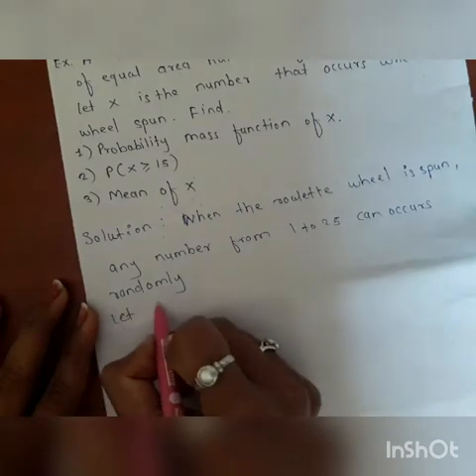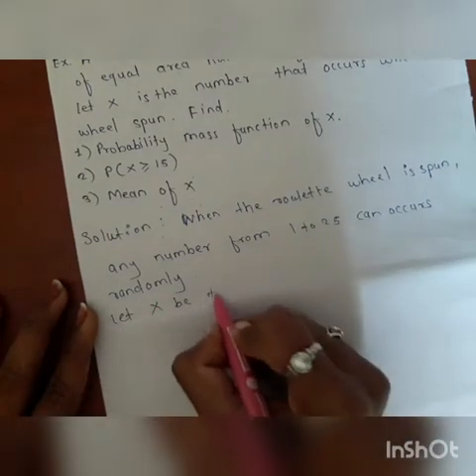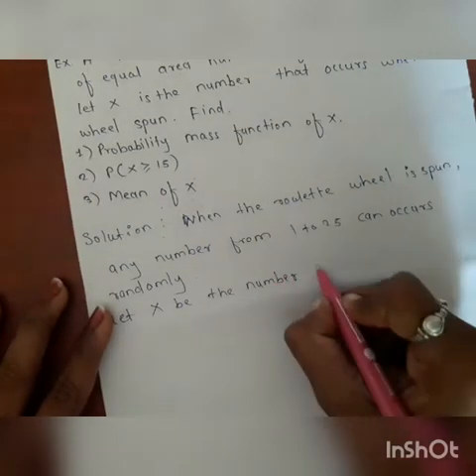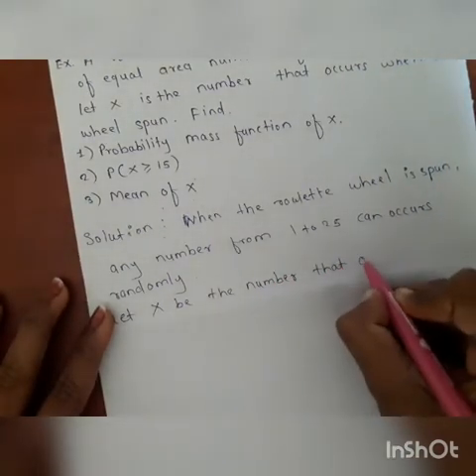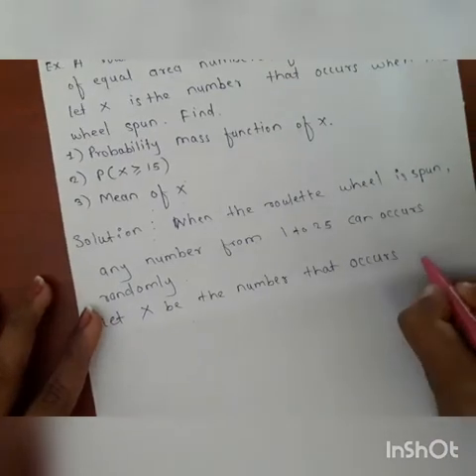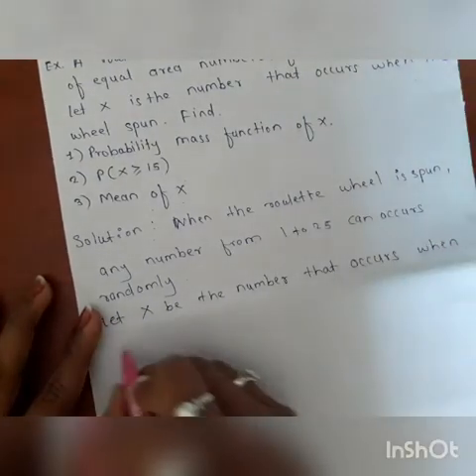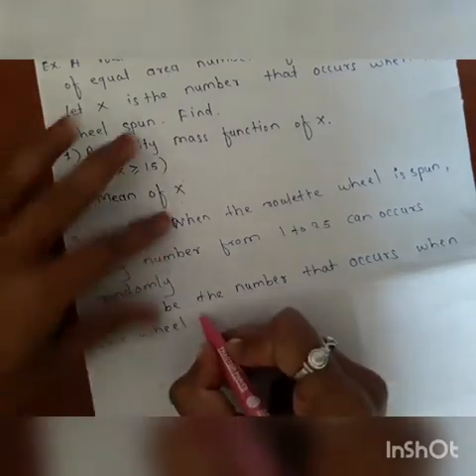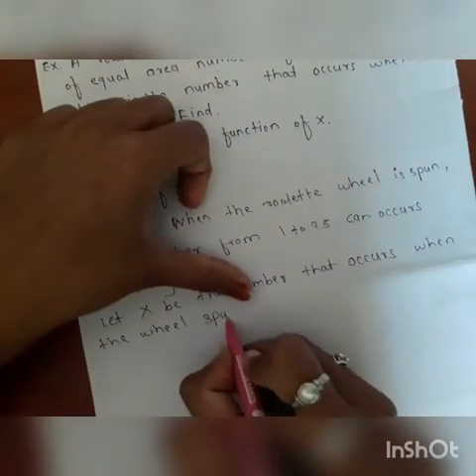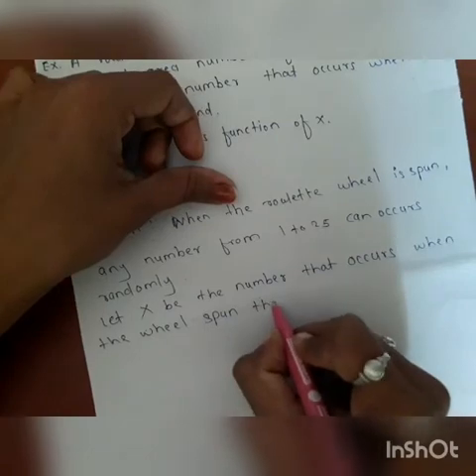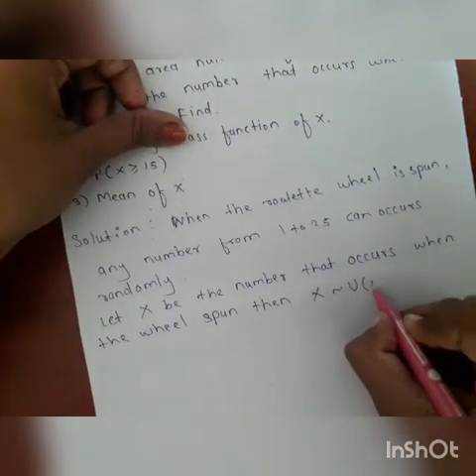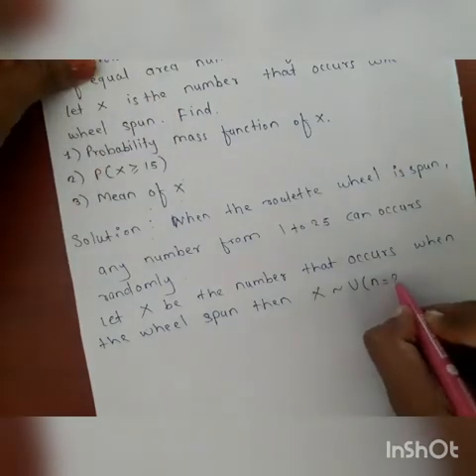Then let capital X be the number that occurs when the wheel is spun. Then X is related to U of n and n is equal to 25.